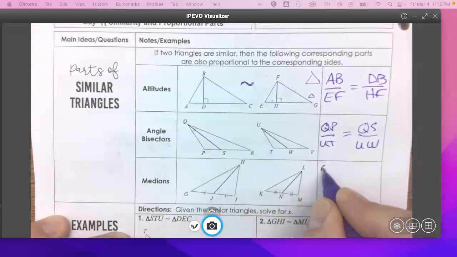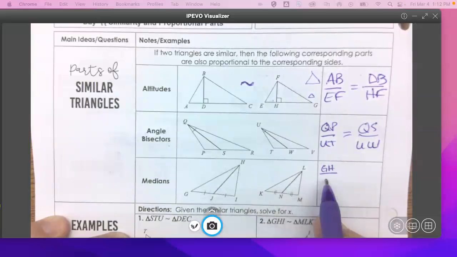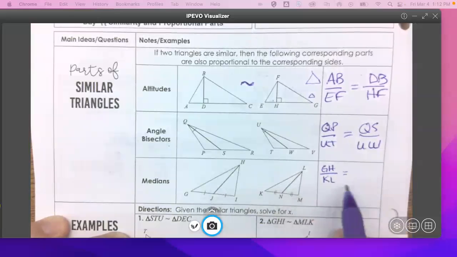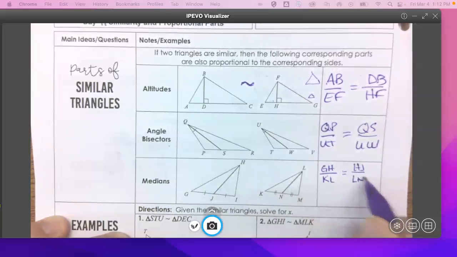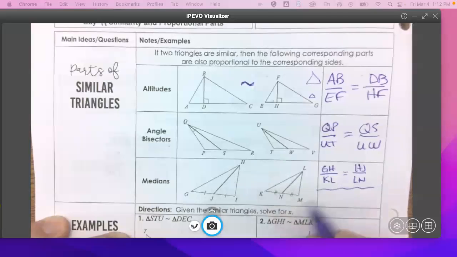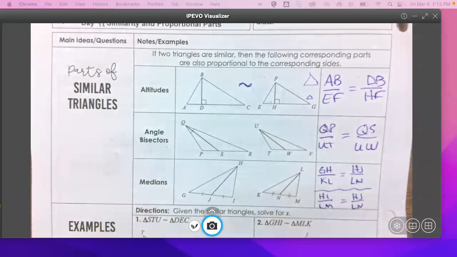That would be better. But what would you guess is corresponding to GH? I would agree. And now we're going to set that equal to the medians, which would be whatever what. Perfect. Could you have done it with the other side and done HI over LM equals HJ over LN? Sure. Could you have done those upside down? Yeah, as long as you're consistent.